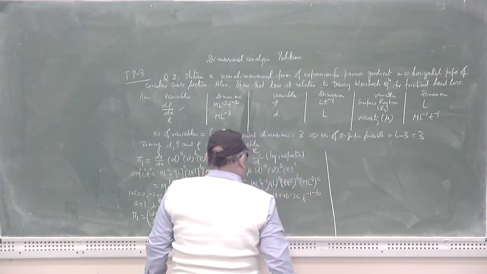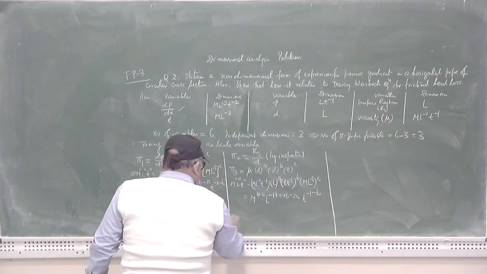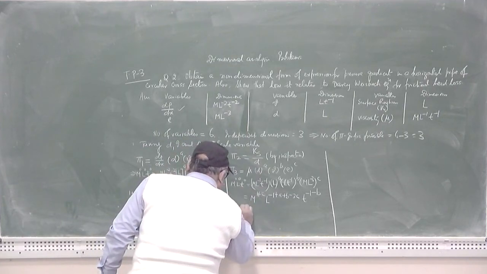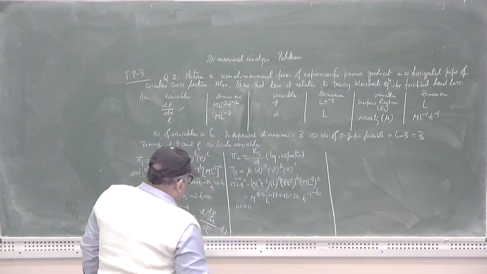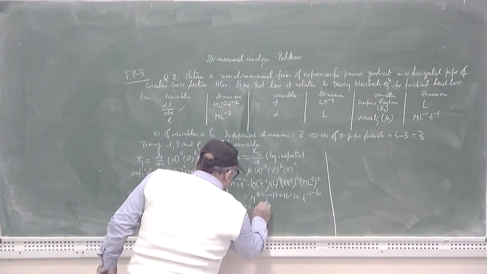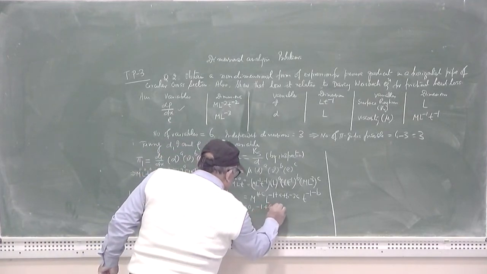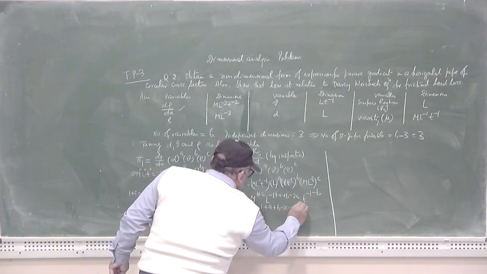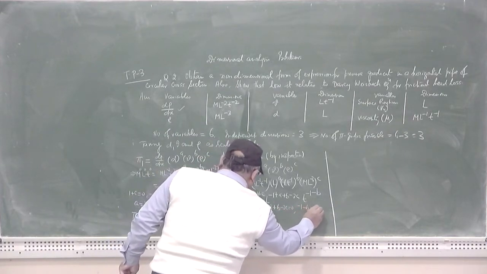So, equating the indices for the principle of dimensional homogeneity, 1 plus c is equal to 0, minus 1 plus a plus b minus 3c is equal to 0, minus 1 minus b is equal to 0.